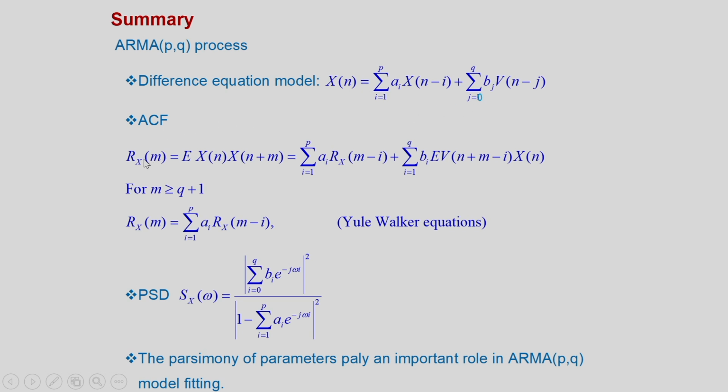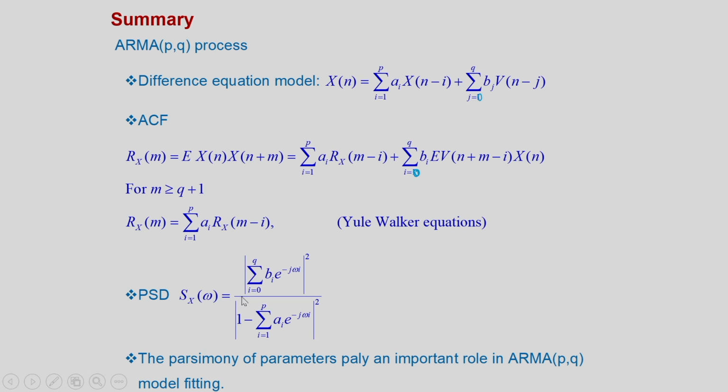Autocorrelation function is given by Rx[m] is equal to summation a_i Rx[m minus i], i going from 1 to P, plus summation b_i E[v[n plus m minus i] x[n]], i going from 0 to Q. And for m greater than or equal to Q plus 1, this autocorrelation expression will result in the Yule-Walker equations given by Rx[m] is equal to summation a_i Rx[m minus i], i going from 1 to P.